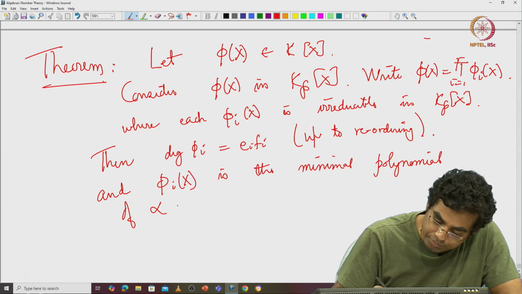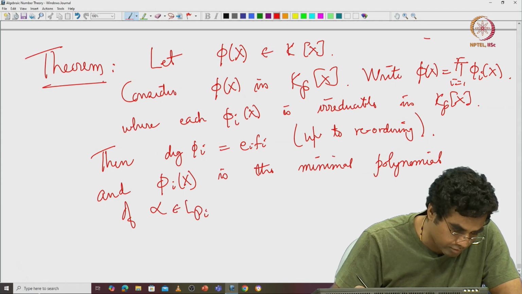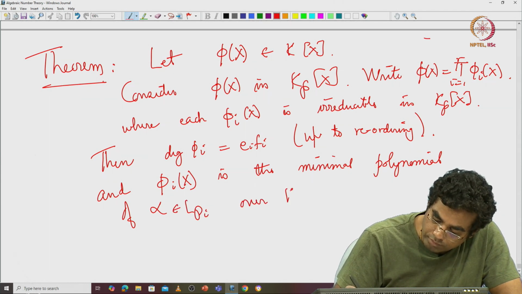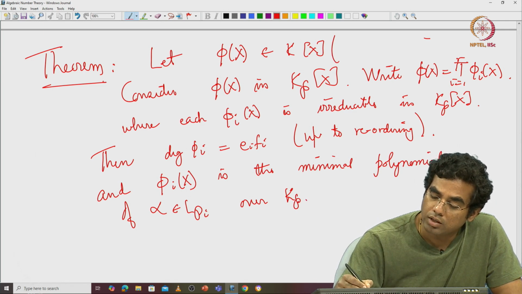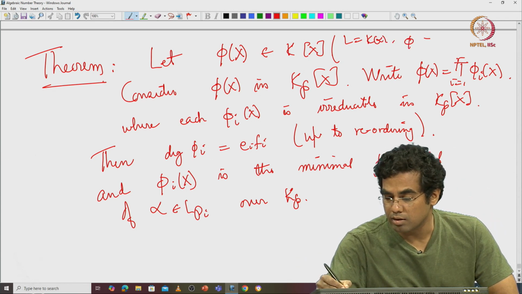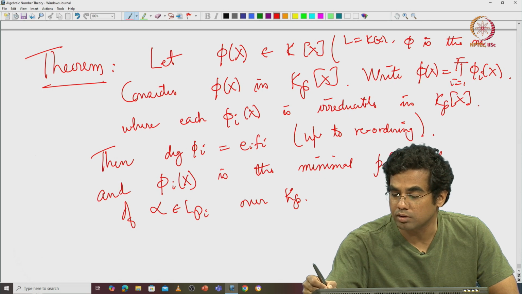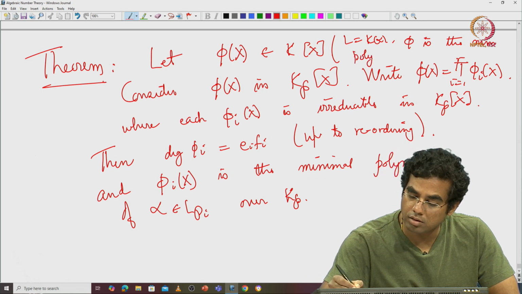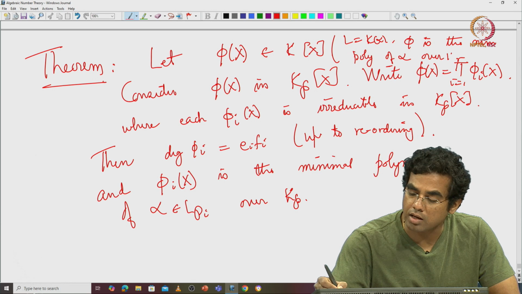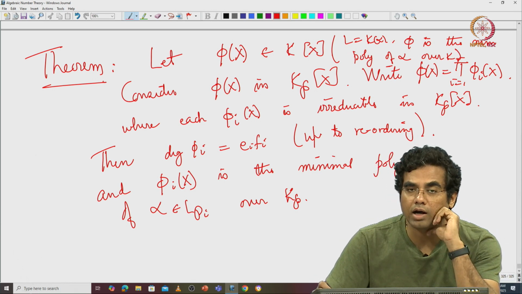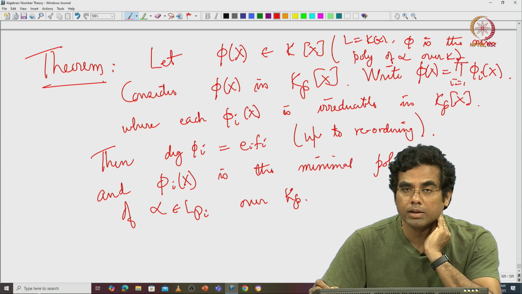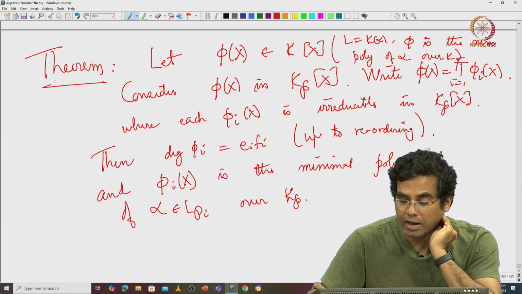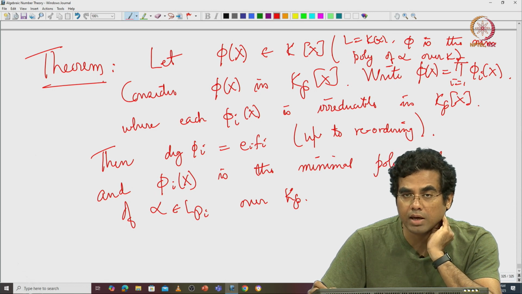Okay. So, here what is phi? So, L is K(alpha) and phi is the minimal polynomial of alpha over K. Okay, so that is what I start with. I start with a minimal polynomial of a generator of L over the base field K, and I want to see how it factorizes in K_p[x].